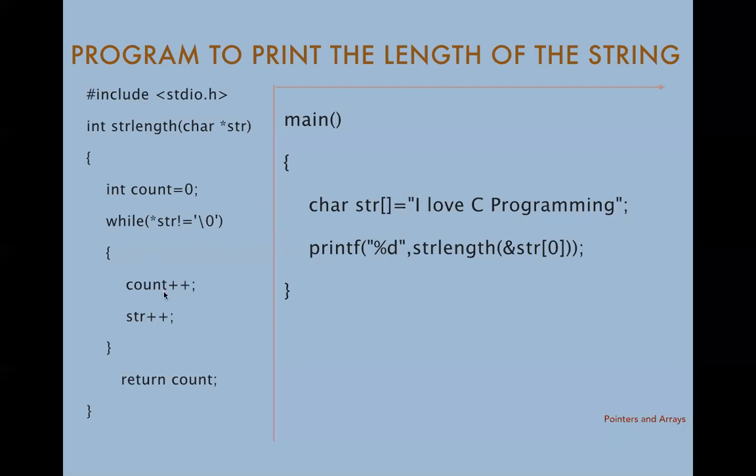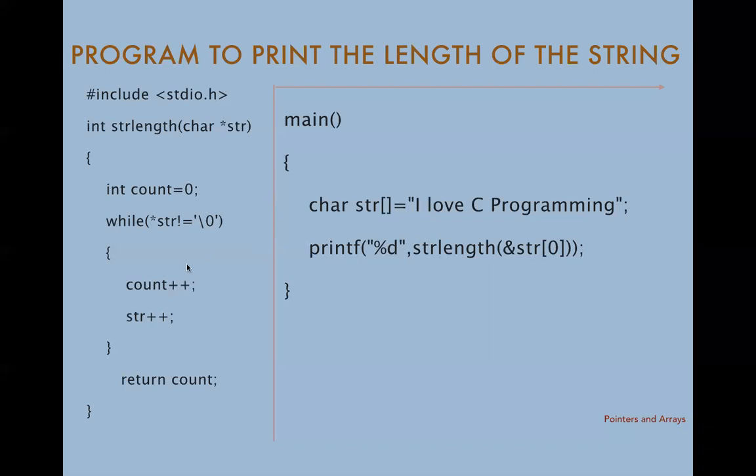So count becomes 1. Now str plus plus. Str is the address of a character. So str plus plus will increment by 1 byte because a character occupies 1 byte. Now you check whether the value present there is null. Here the value present is a space. It's not null.